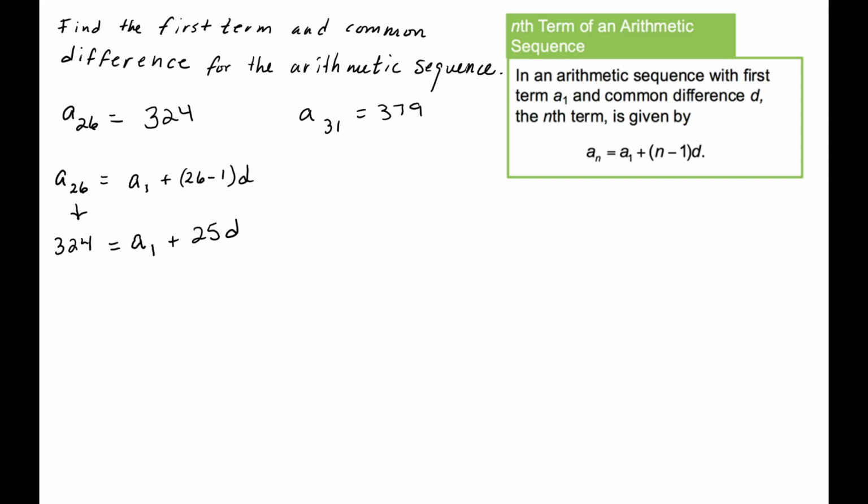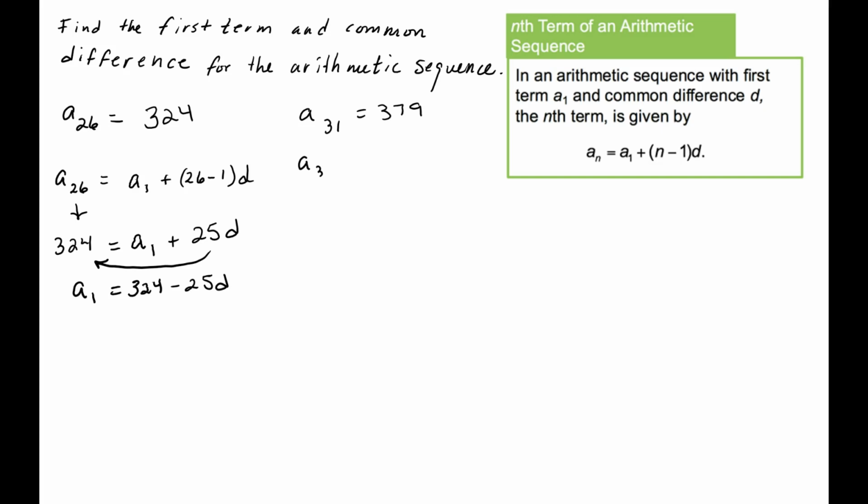So now I'm going to solve for A1. I'm going to say A1 equals, and I can just move this over, 324 minus 25D. Now this is very intentional. We're going to get back to that in a second, but let's take a look at the next one.